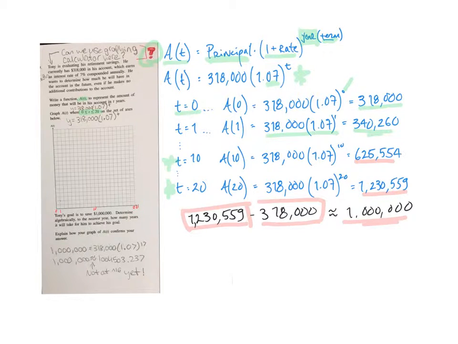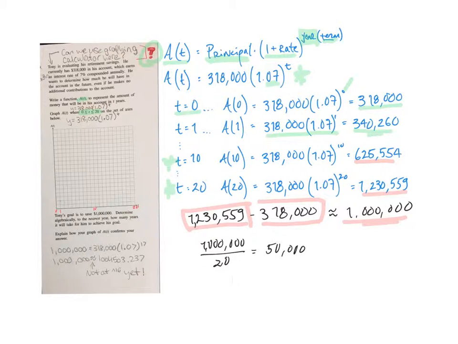So basically we need to show a difference of $1 million, and there are 20 ticks horizontally and also 20 ticks vertically. So we have $1 million that we need to represent over 20 units, and if we do that, we see that each tick can represent $50,000.